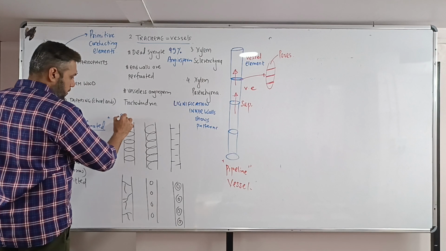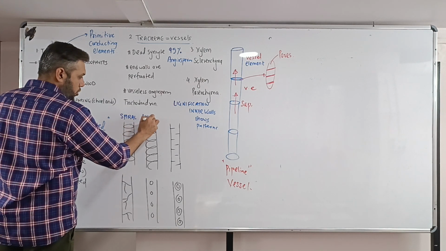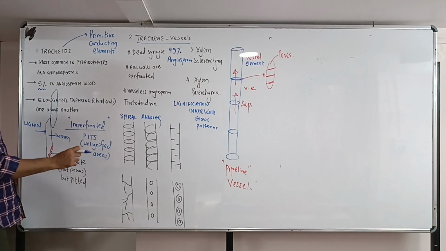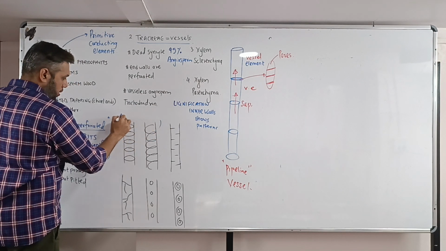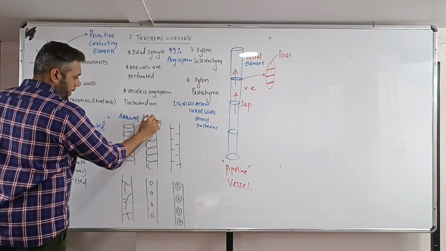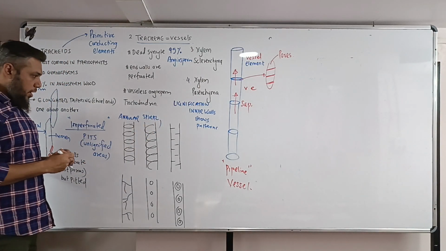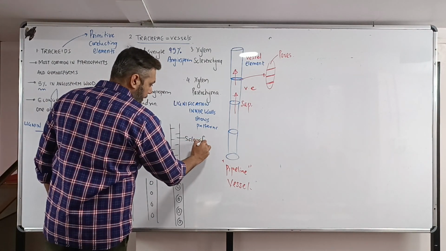Like this is the first, this is called the annular pattern, circular. And this is which pattern? Spiral pattern. Then you have a ladder-like pattern, which is called scalariform.